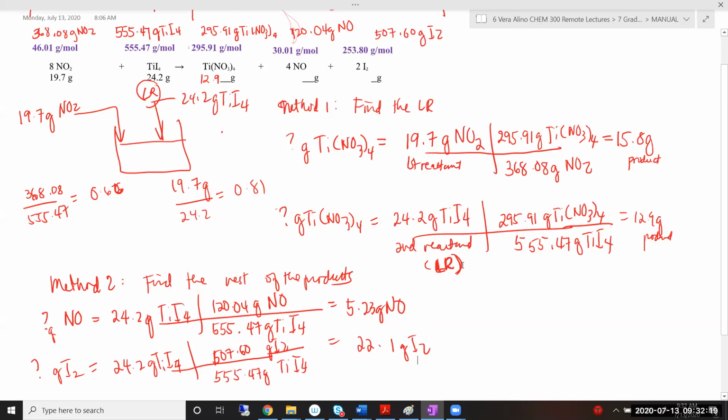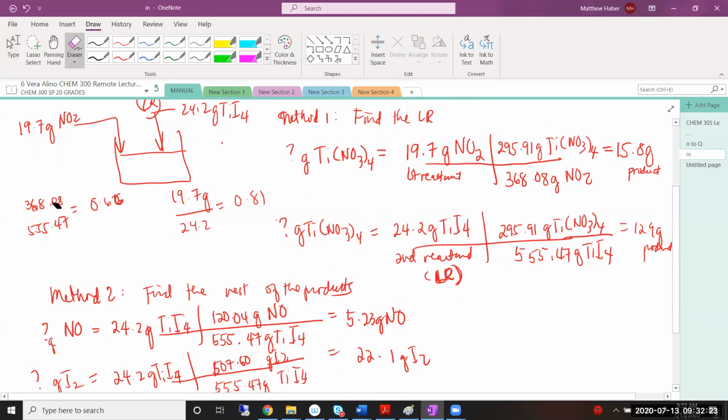Okay, so let's just paint a picture here for a bit. So I let this reaction occur. I mix the reactants up. I'm going to have a drain valve here after the reaction.